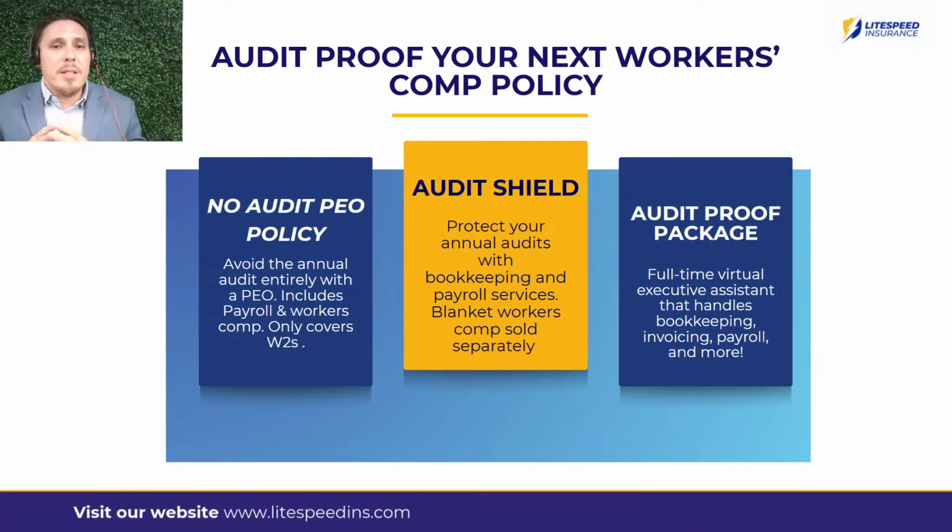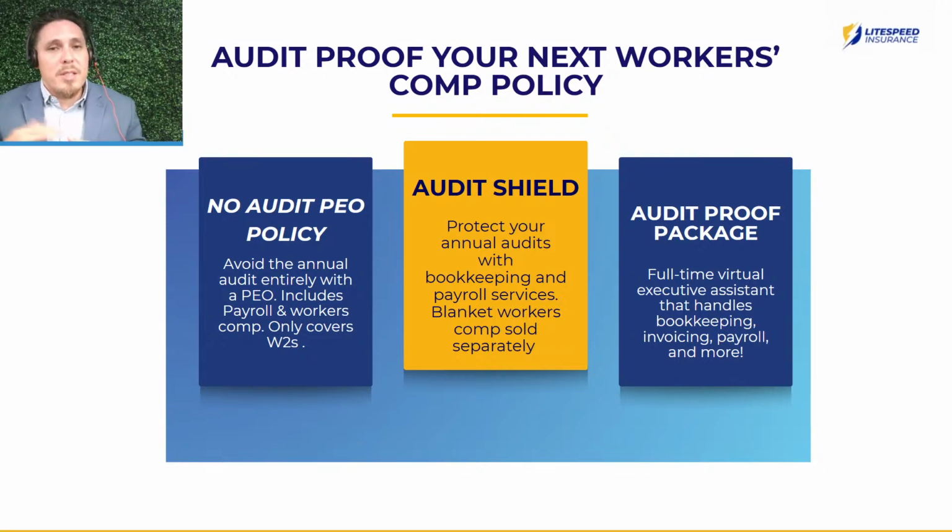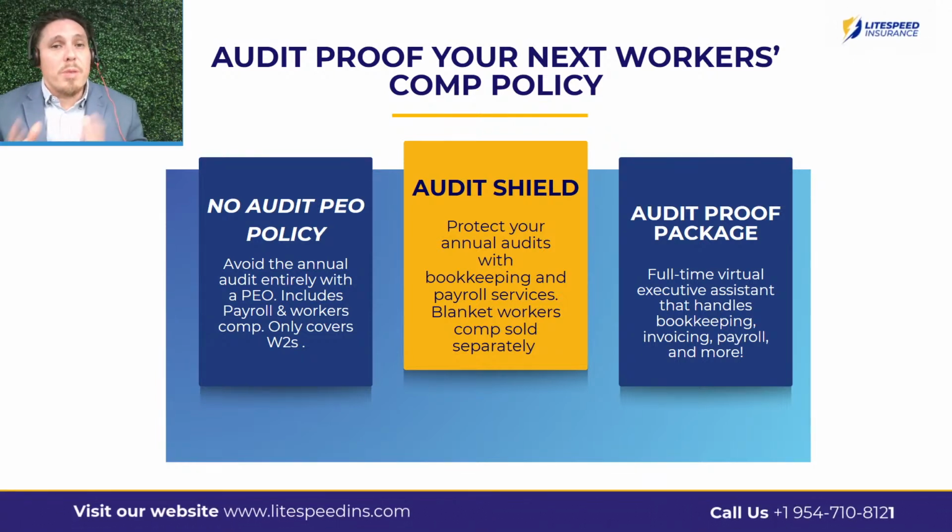Again, the key point is that because we're providing these services, we're able to make better decisions on what to do next with your insurance, right? And then we're also protecting your audit. We have everything compiled, we have everything ready, we communicate with the carrier, we handle all that stuff for you. We make your life easy.